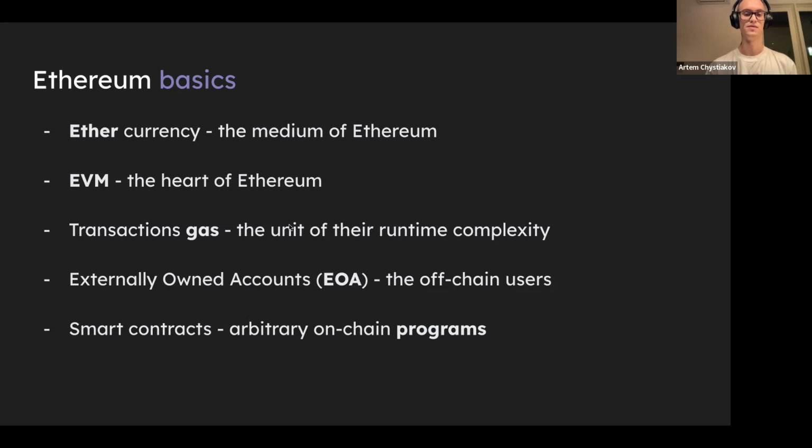But if those transactions are light, if everything they do is transfer Ethereum, then it will handle a lot of transactions, because the gas limit of the block is 30 million gas, but the cheapest transaction only costs 21,000 gas. So you can divide one by the other and calculate how many transactions Ethereum can optimistically execute.